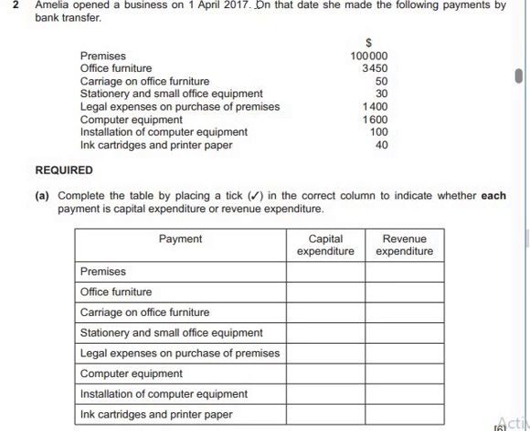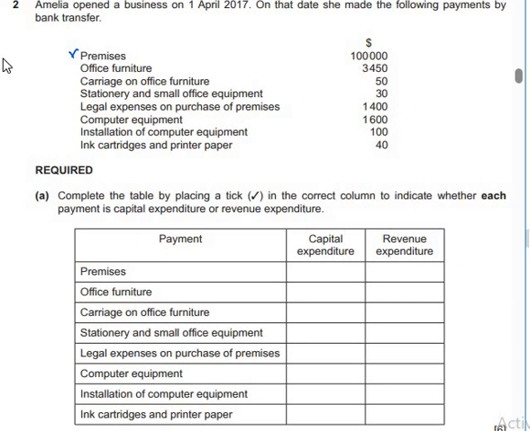These are installation cost, transportation cost, carriage cost, as well as legal cost. So remember to take note of that: installation cost, carriage cost, and legal cost, right? So when you are purchasing a non-current asset like premises, this will be capital expenditure. It goes into the statement of financial position.